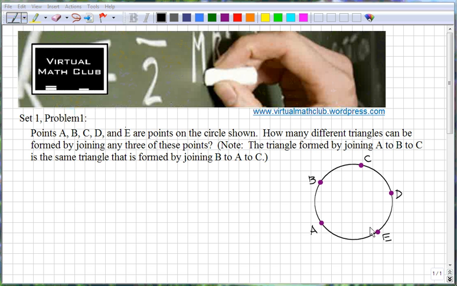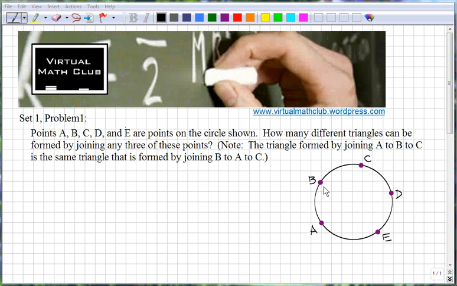So you could use that fact to find the number of triangles. So instead of counting the number of triangles, you're essentially counting the number of sets of 2 points out of 5 that you can find, and that will be the same as the number of triangles.